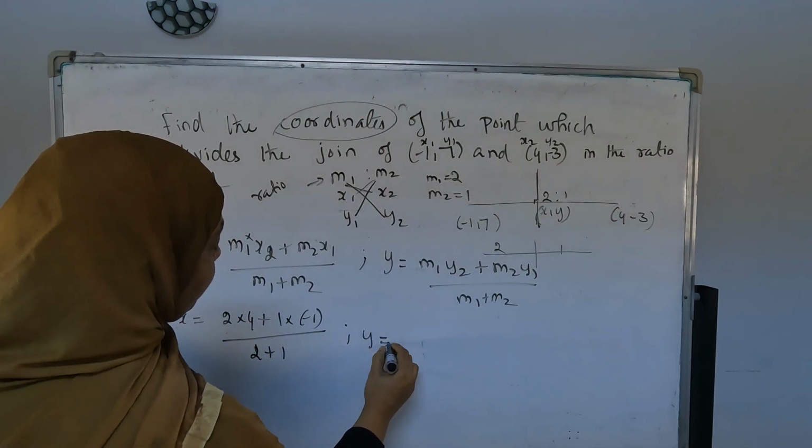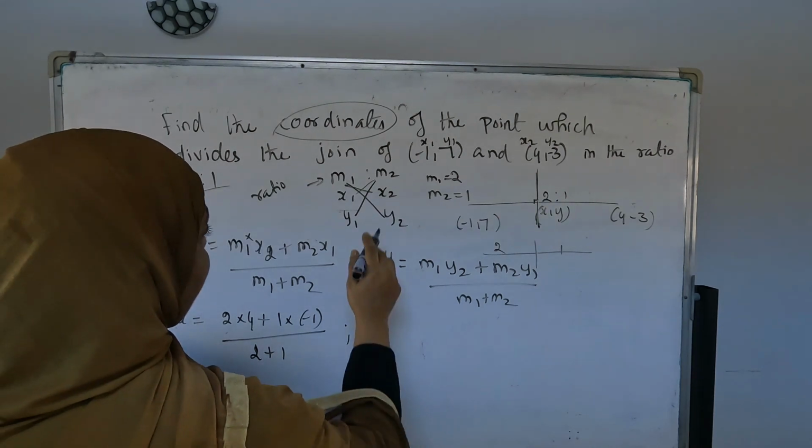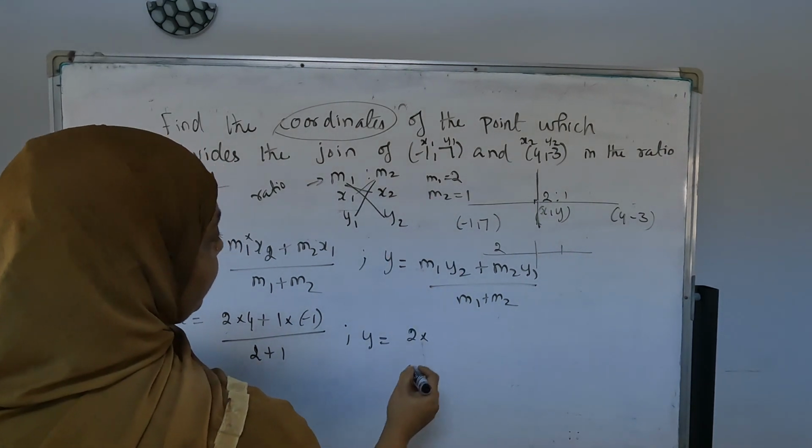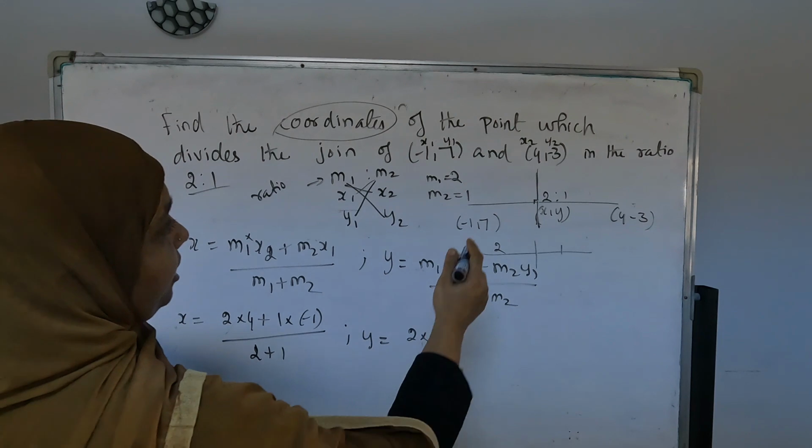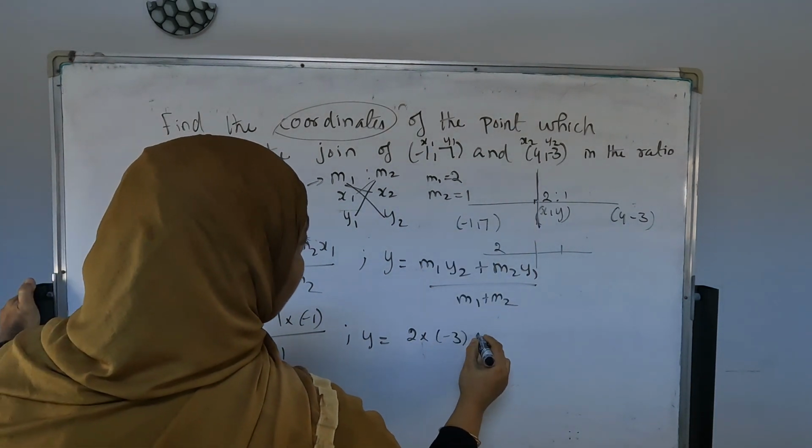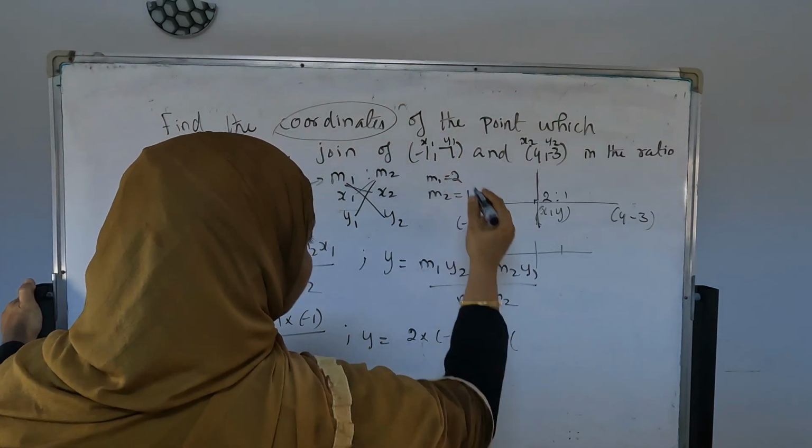Then y is m1, which is 2, times y2, which is -3, plus m2 which is 1 times y1 which is 7, by 2 plus 1.